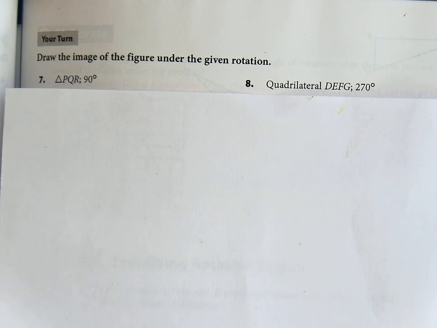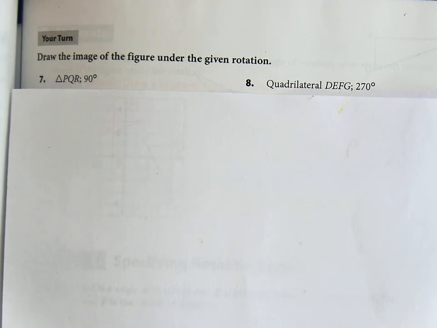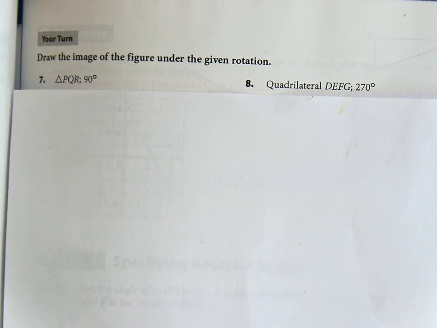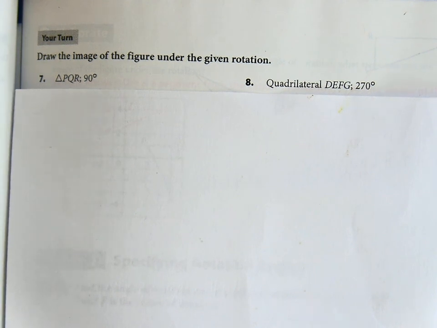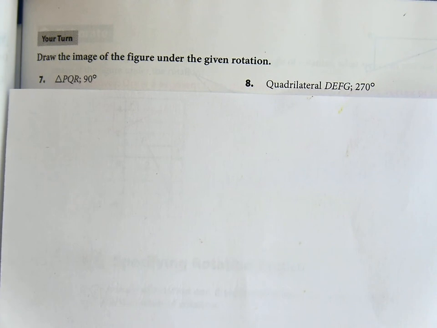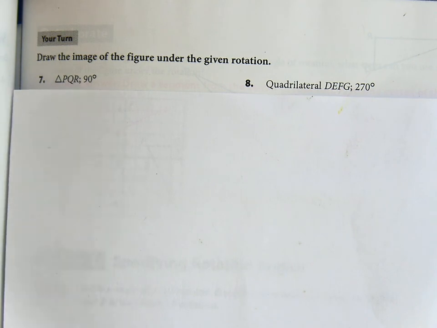And again, traditionally, unless otherwise stated, they're usually a counterclockwise rotation. So pause the video, go back, check your notes. What is the formula or the rule, basically? Figure out your new points by applying that rule, plotting them, and get your answers. All right, pause the video now.